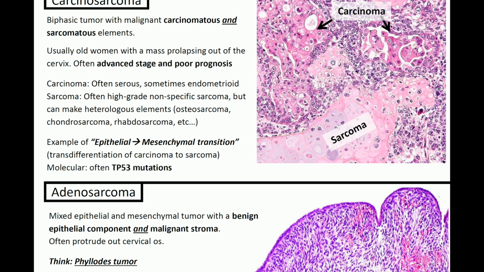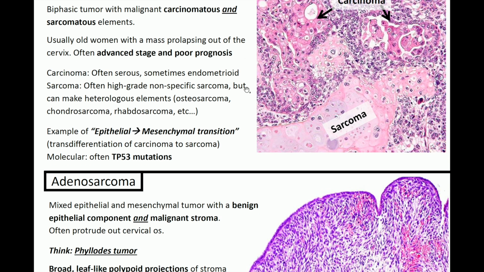So for the carcinoma element, it's often serous, sometimes endometrioid, and for sarcoma, it's often high-grade, nonspecific sarcoma, but can have heterologous elements such as an osteosarcoma, chondrosarcoma, or rhabdosarcoma. And it's an example of an epithelial to mesenchymal transition, transdifferentiation of carcinoma to sarcoma, and the molecular for a carcsarc is often TP53 mutations.